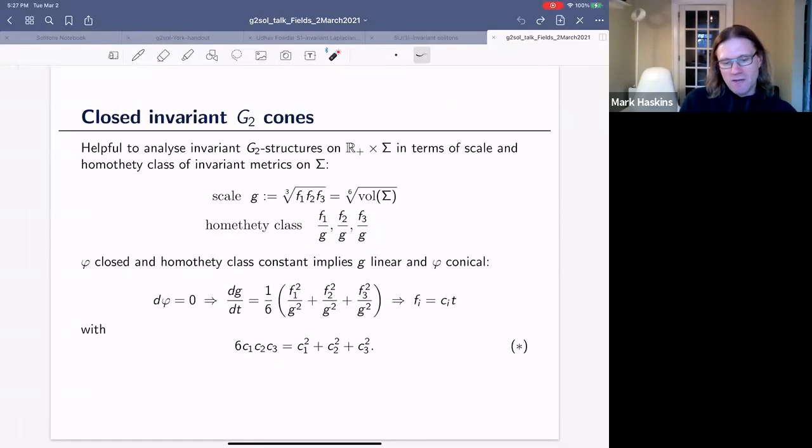If you ask that this be closed and that this homothety class be constant, it turns out to force that G is linear and that this form is conical. So you end up getting that your Fi's are some constants times Ci's, and the closed condition imposes one condition on those coefficients.